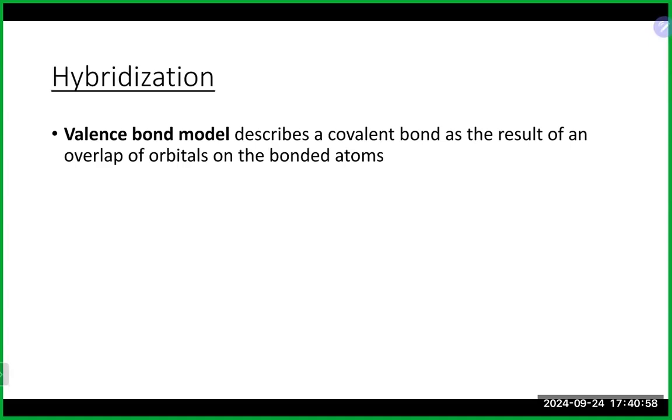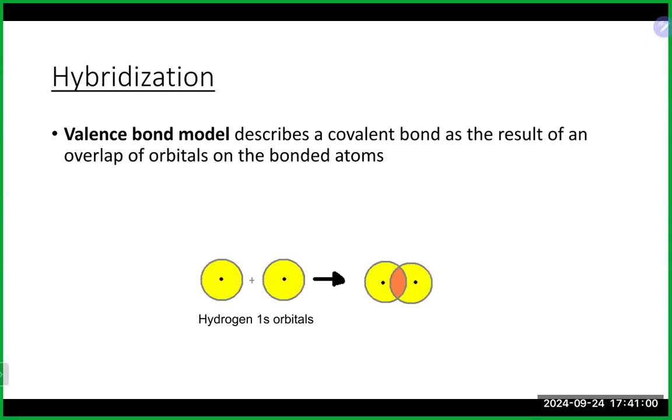All right, then continuing on here with our journey through bonding, we're going to talk about another bonding theory. The idea behind hybridization is this: the valence bond model describes covalent bonding as this overlapping of orbitals.